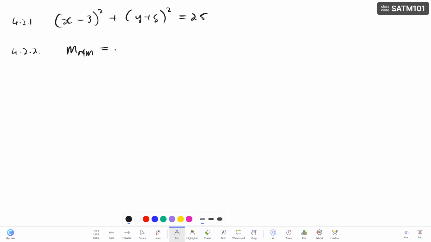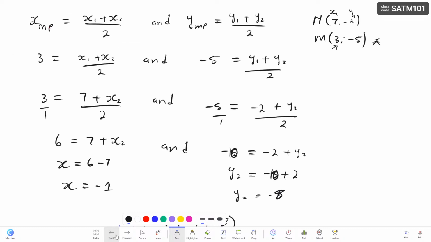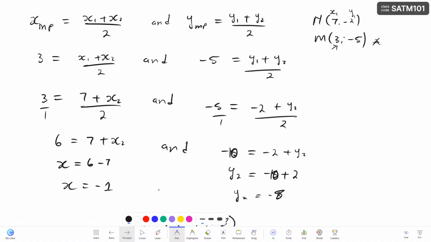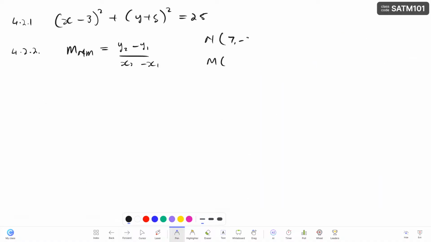M. So we know the formula is given by y2 minus y1 divided by x2 minus x1. So let's check our N. So our N is (7, -2). Then M is (3, -5).